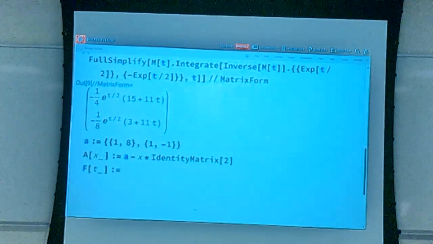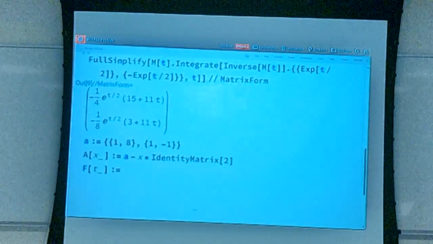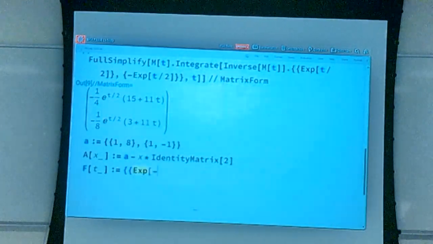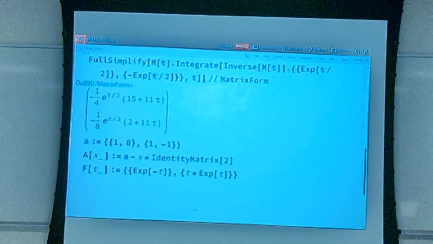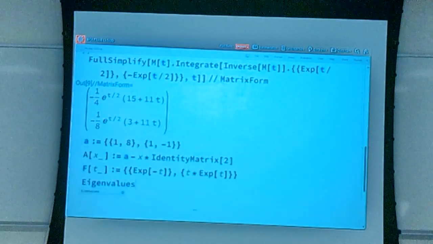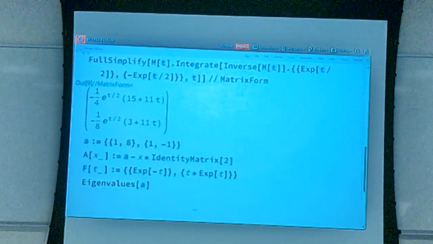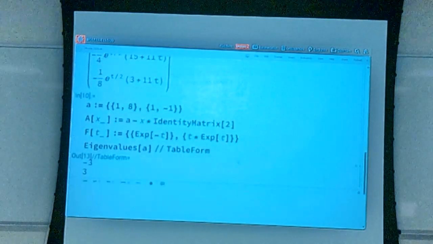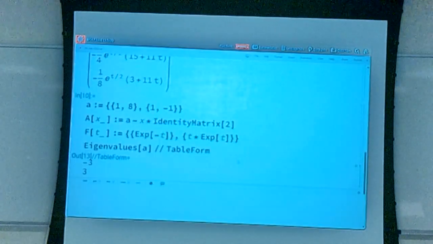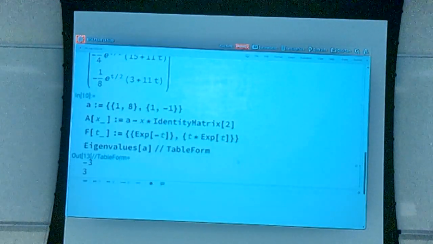So we're going to define f of t, which is that vector. I can't define my n yet. I can't find the eigenvalues. Eigenvalues -3 and +3.